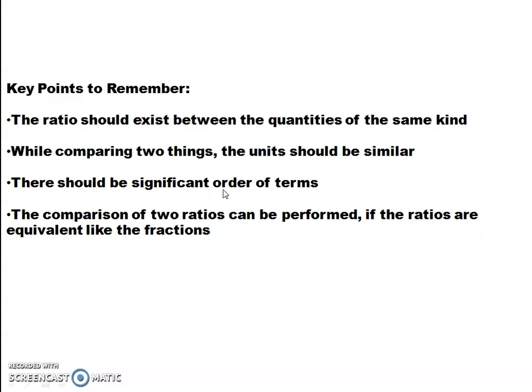There should be significant order of terms. I'll tell you with the same example of 1:2, that is rice to water. I told you 1 cup of rice to 2 cups of water. Isn't it? Listen carefully. 1 cup of rice is to 2 cups of water.